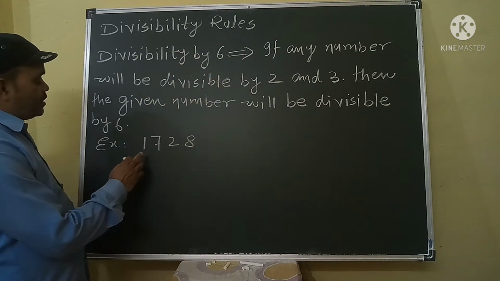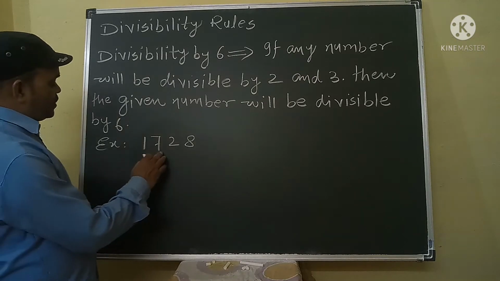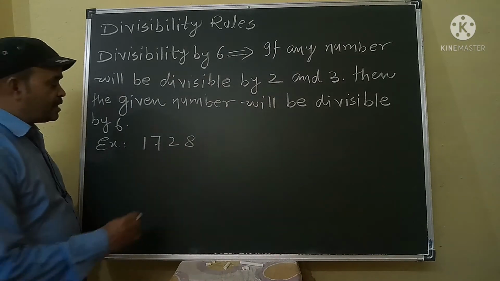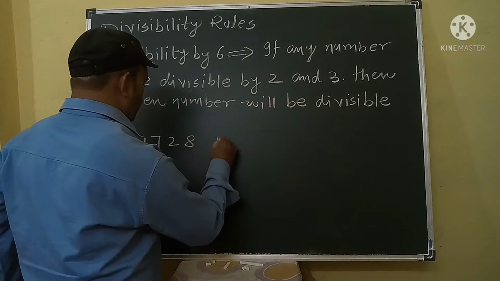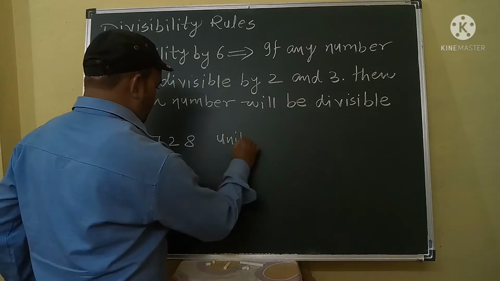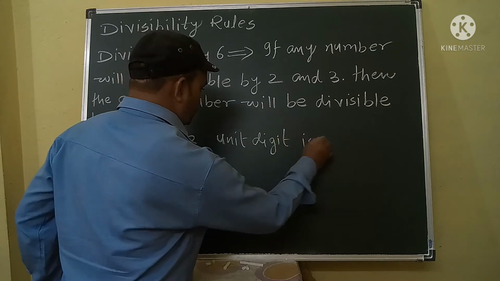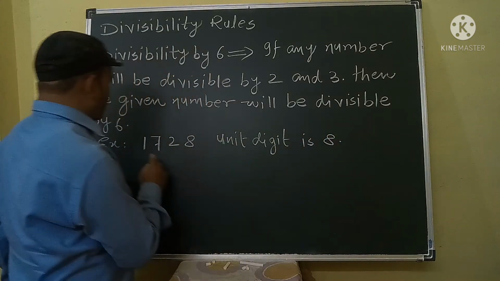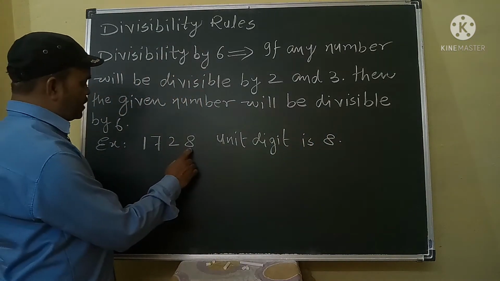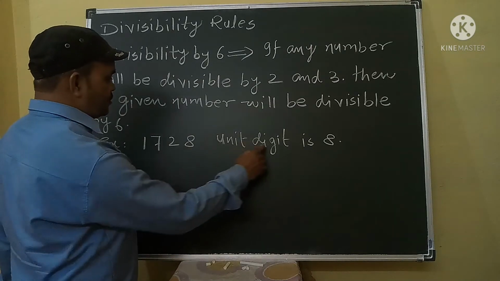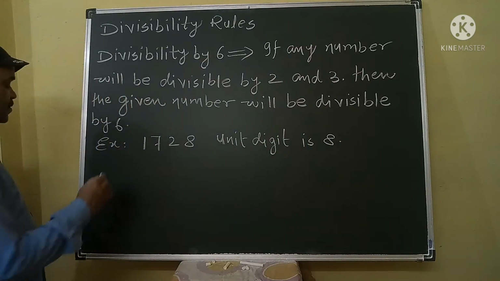As you are looking in 1728, unit digit is 8.